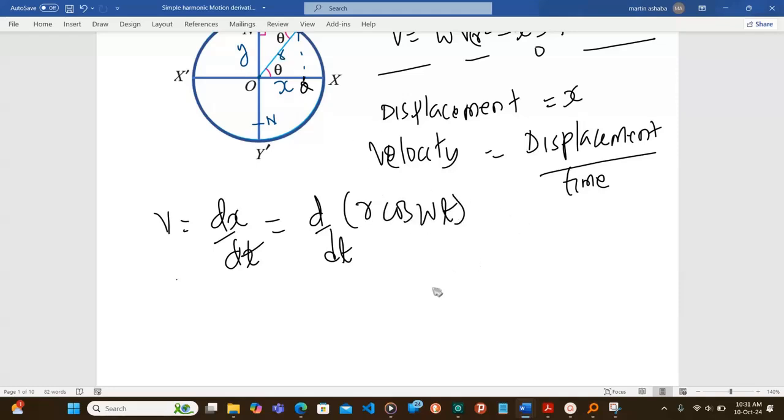This could have been cos theta, but we know that theta is the same as omega times t, because theta is the angular displacement, whereas omega is the angular velocity. So if I get the angular velocity, I multiply by the time, I'll get the angular displacement. So this is where it comes from.